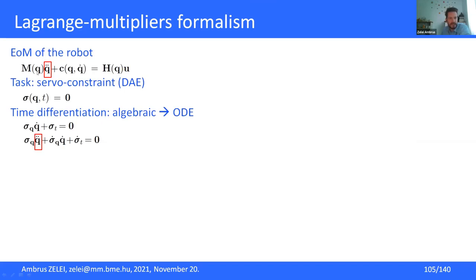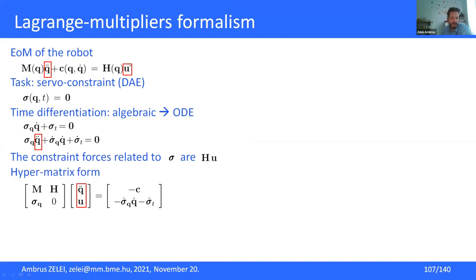So now we have the dynamic equation, and we have the acceleration level constraint equation, and in both equations there is the acceleration of the coordinates as unknowns. And we would like to compute them, but that is the problem because u is also unknown, so our ultimate goal is to compute the control input u.